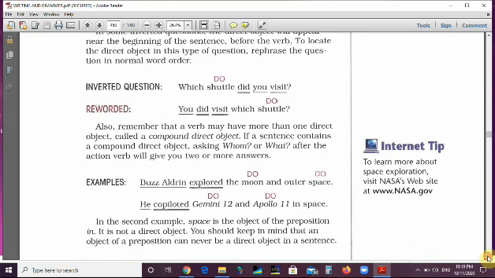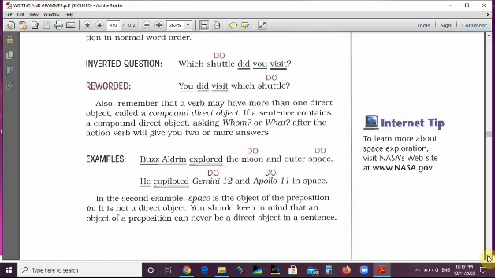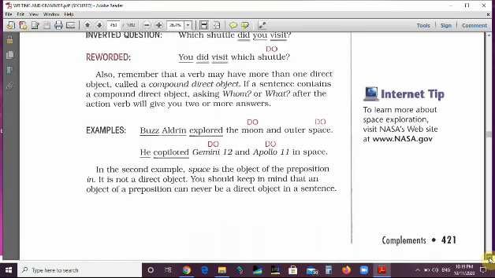Look at the example. Buzz Aldrin explored what? The moon and outer space. So we have 2 direct objects, moon and space. He co-piloted Gemini 12 and Apollo 11 in space. What did he co-pilot? He co-piloted Gemini, this is the first direct object, and Apollo, this is the second direct object.